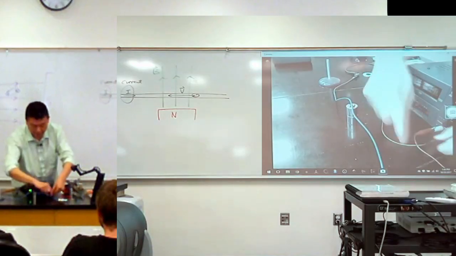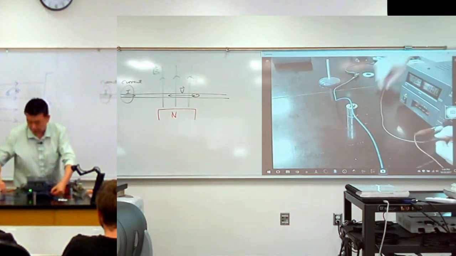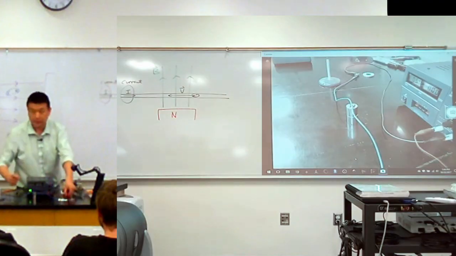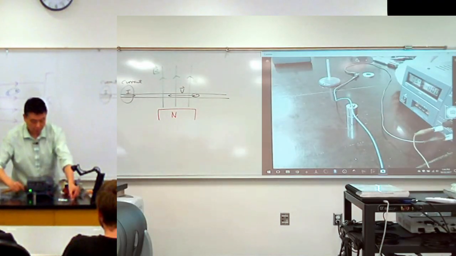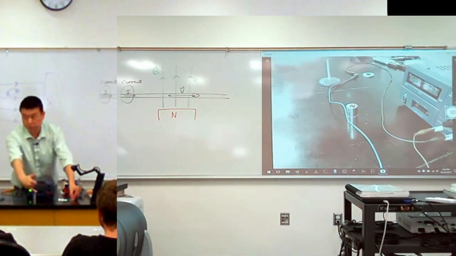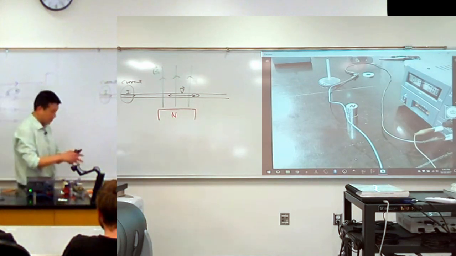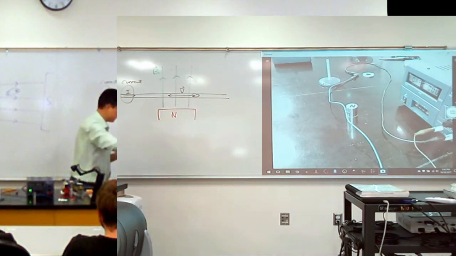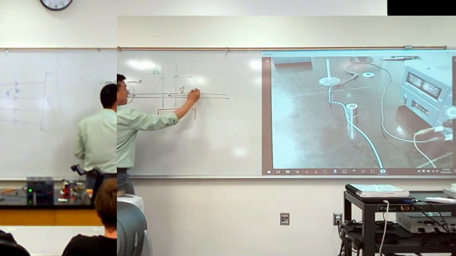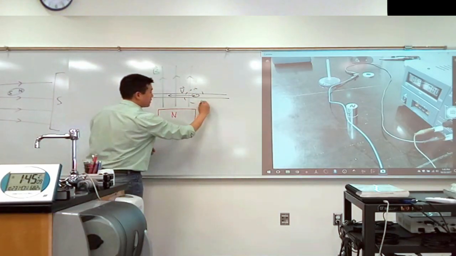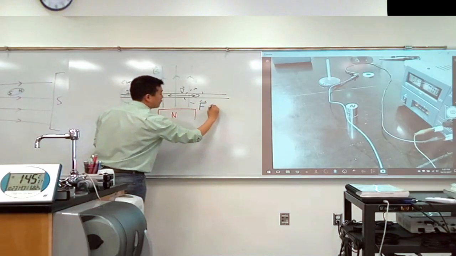This is the positive end, the current comes out over here and flows through from left to right. When things are set up that way, the wire gets pushed that way. So the force in this case is coming out of the board. In this picture, as this electron flows through, the force on that electron is out of the board.